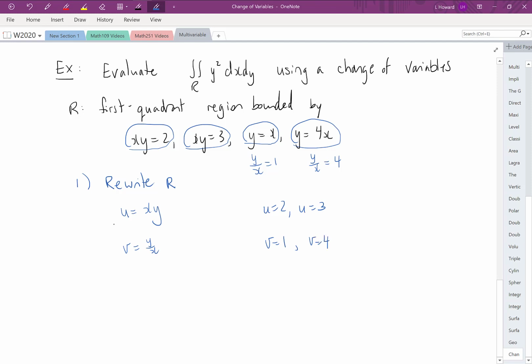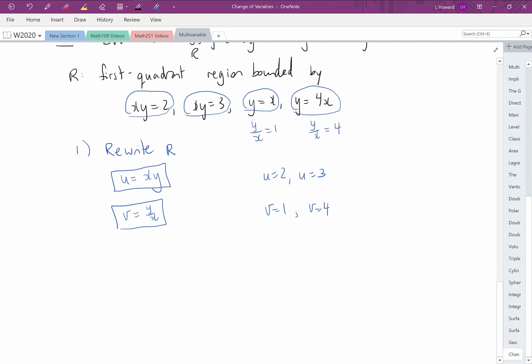The idea is to introduce a couple of new variables so that your boundary curves become u equals constant and v equals constant. So now our entire region R is just ranging from u values 2 to 3 and v values 1 to 4.